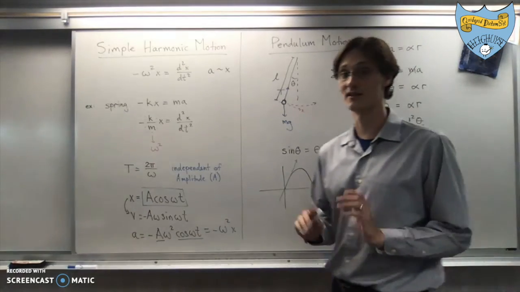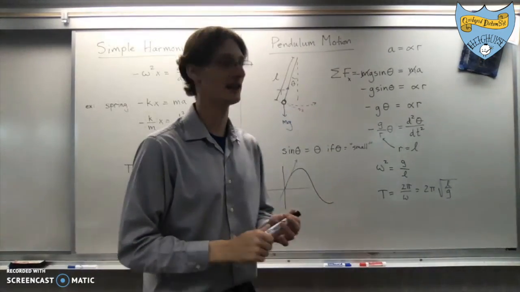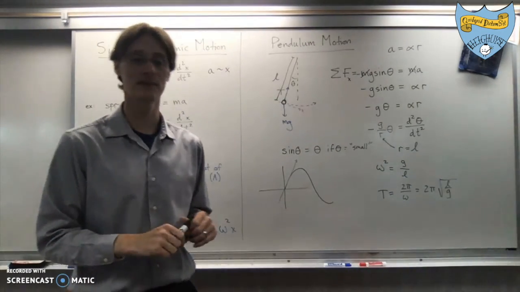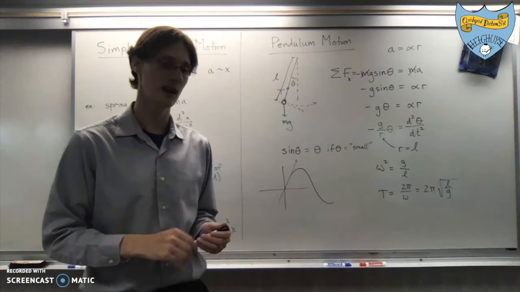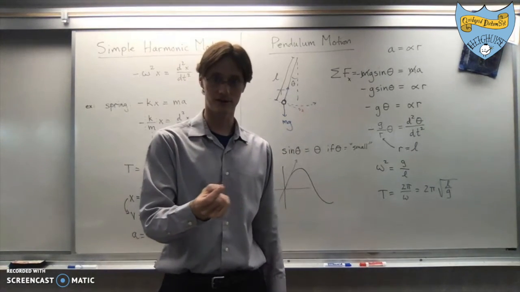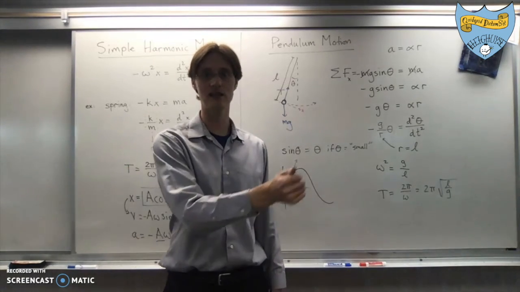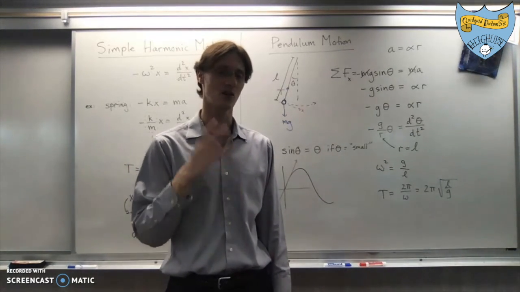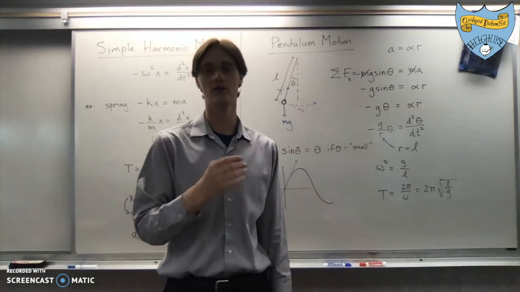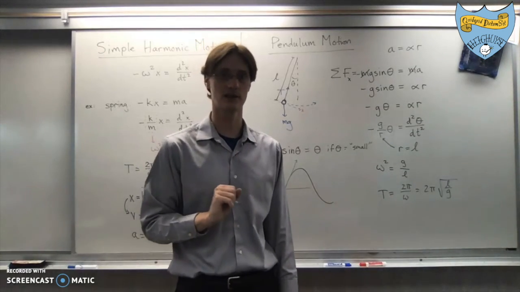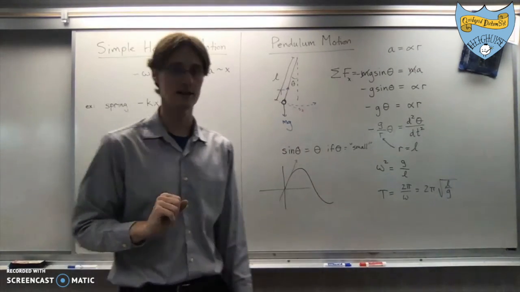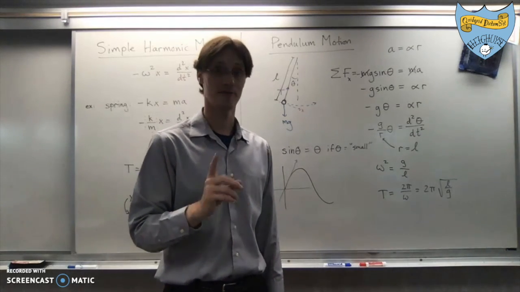If that is not a good approximation, then it stops being independent of amplitude, okay? But if you have an oscillation over a 5-degree angle versus a 10-degree angle versus even a 15-degree angle, the periods are all negligibly different over those small angular displacements. All right, next up is the physical pendulum.